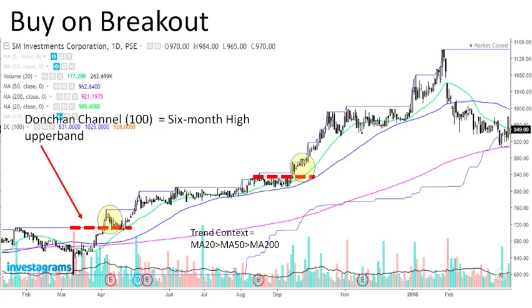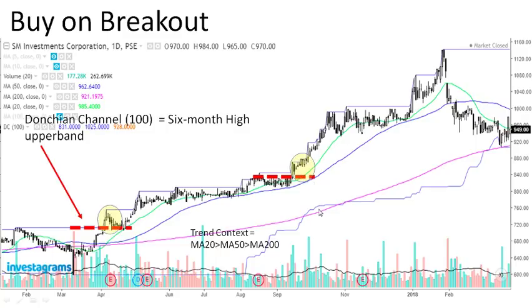Kadalasan naman yung mga breakout traders, pagbili nila sa breakout, umaasa yan na merong pullback. So kanya-kanyang management na yun ng position. Basically pwede silang bumili ng 50 and then another half dito sa retest. Or every breakout, bibili sila every breakout. Like here, hindi na nag-retest.